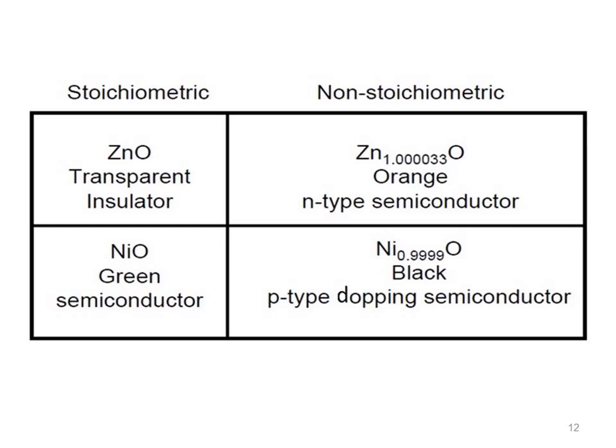The second example is nickel oxide, which is green and a semiconductor, and non-stoichiometric nickel oxide, which is black and a p-type semiconductor. Only small variation occurs in non-stoichiometric compounds.